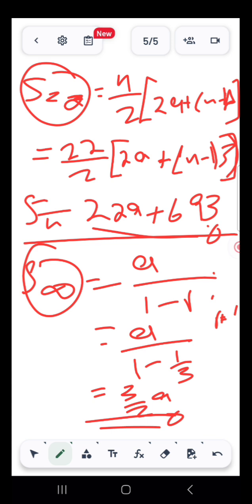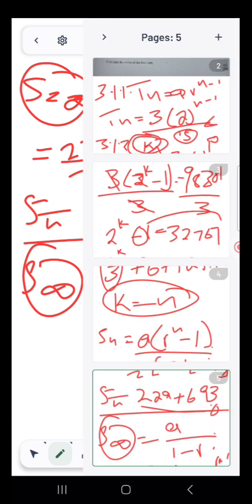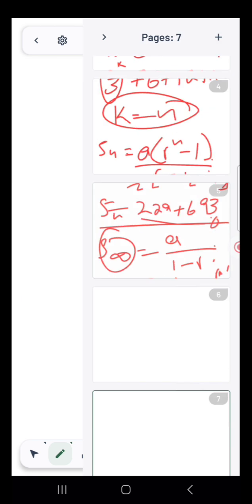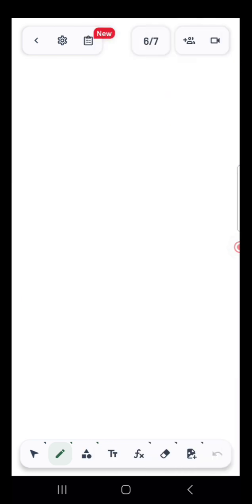Now from here we can equate the two to find a, because remember they said they have the same first term, meaning the a of the geometric is the same as the a of the arithmetic. When we equate the two, we shouldn't forget the English.